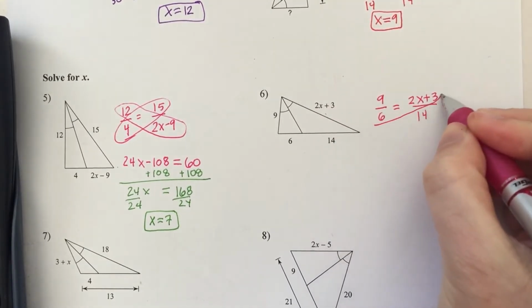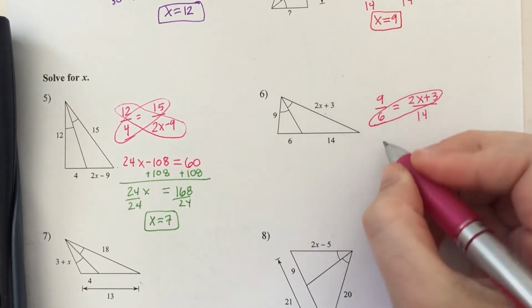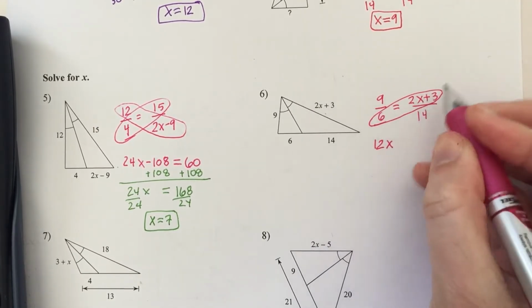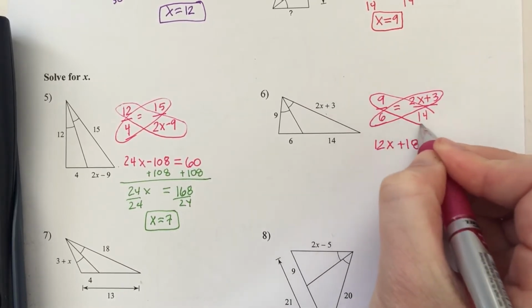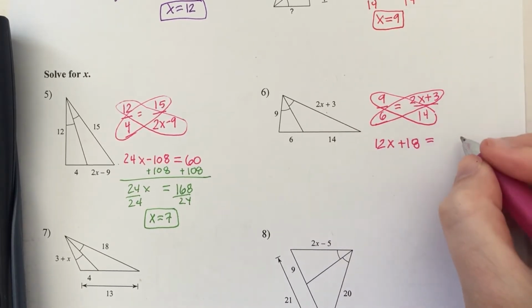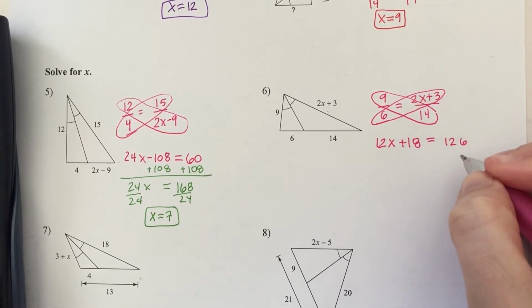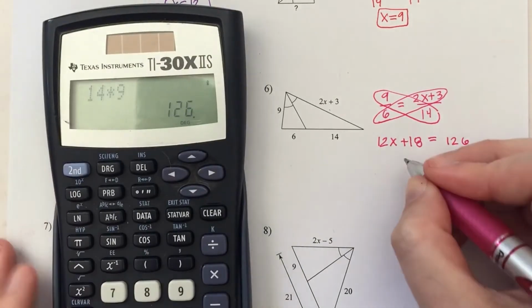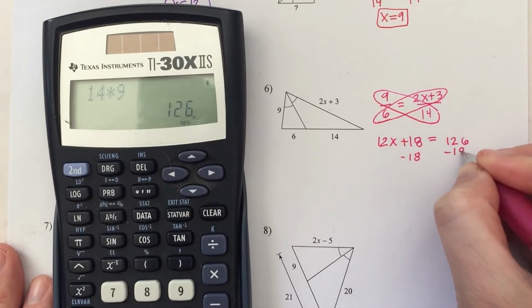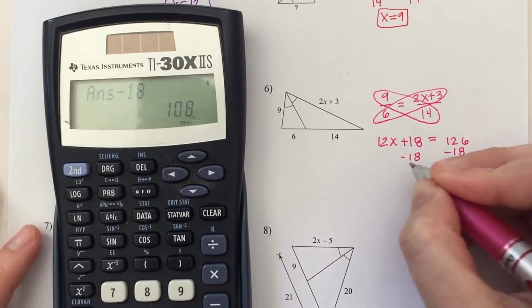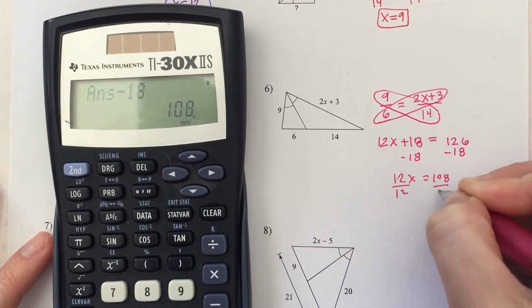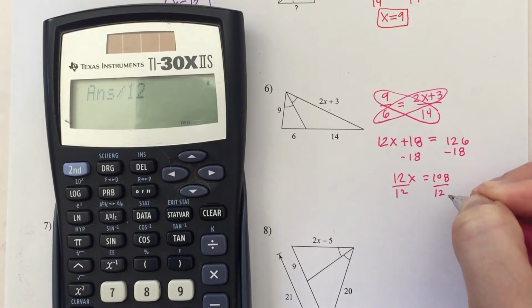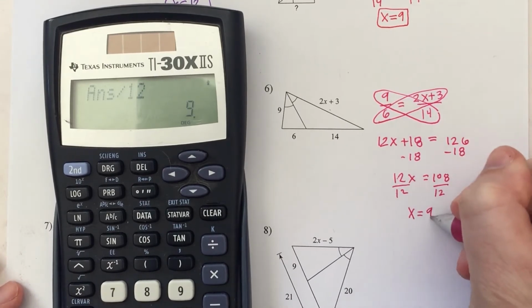I cross multiply. 6 times 2 is 12x. 6 times 3 is positive 18 equals, then I do 9 times 14. 14 times 9 minus the 18. Divide by 12. And x equals 9.